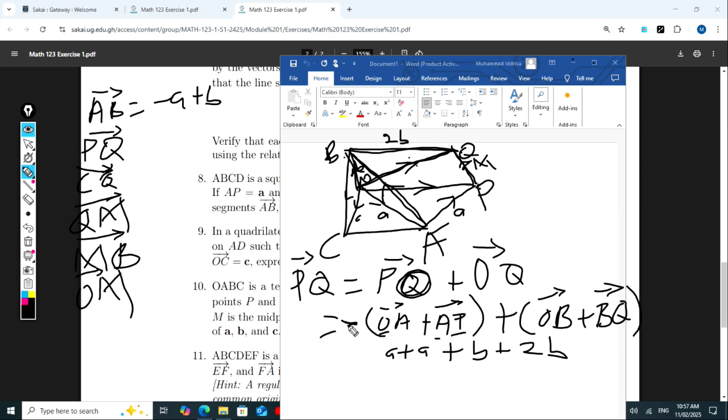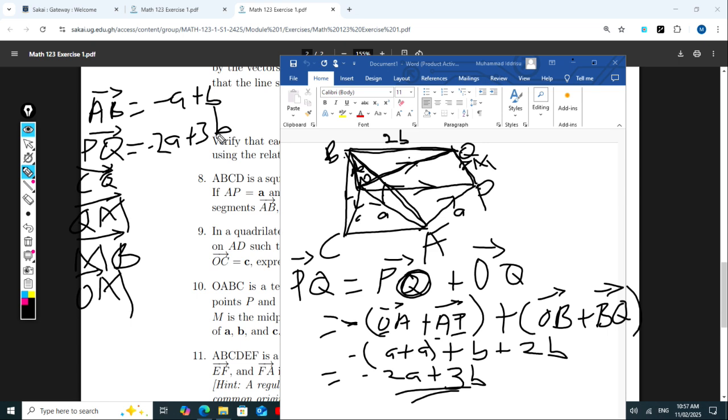We should negate the OP to get PO. So we have negative 2a plus b plus 2b, which is 3b, and this is the value for PQ: negative 2a plus 3b.